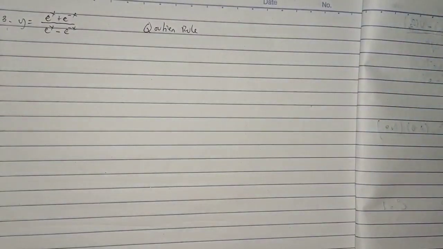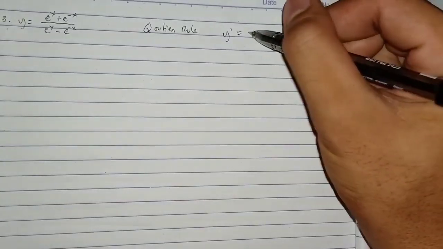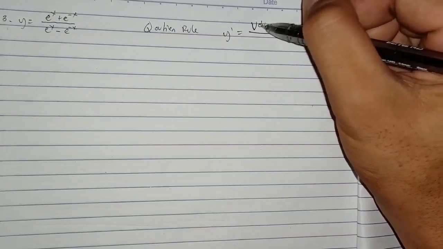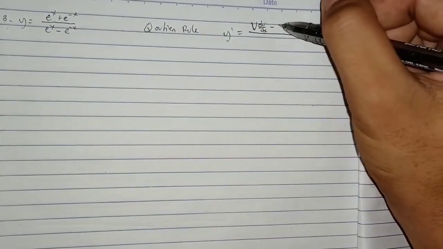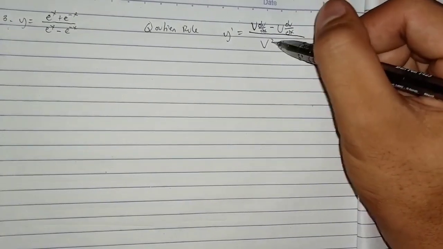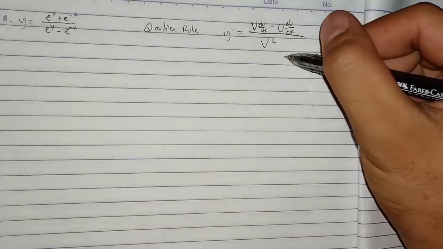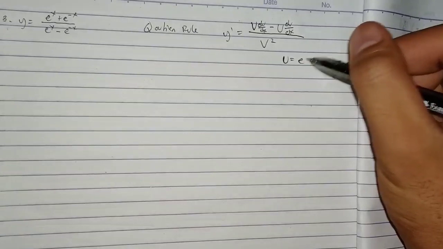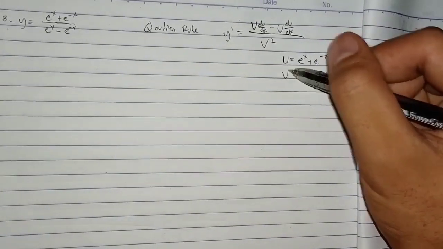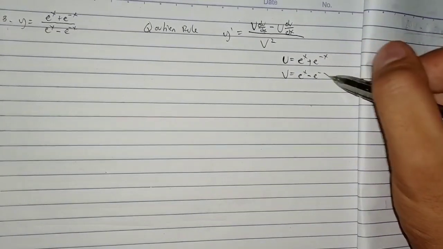So our quotient rule is y prime is equal to v times du over dx minus u times dv over dx, over v squared. Notice that our u is our numerator, which is e to the x plus e to the negative x, and our v is our denominator, e to the x minus e to the negative x.